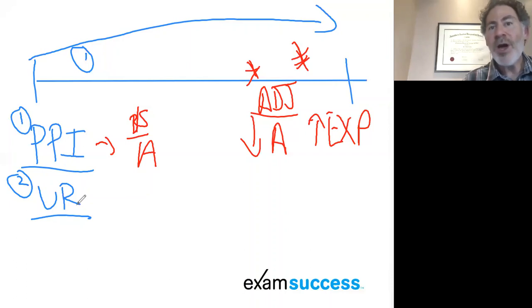Unearned revenue. A customer pays you in advance. So this unearned revenue account by itself, forget about the cash or anything like that. This is a liability on my balance sheet. And then as I perform the service or deliver the product, I start to earn this revenue.